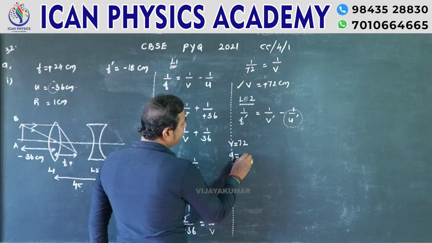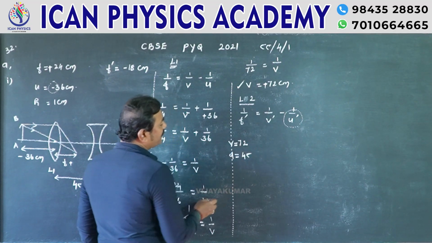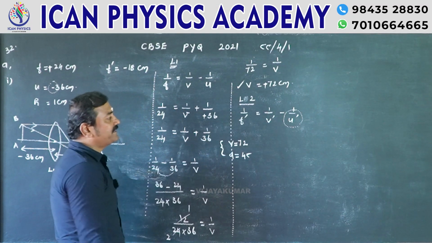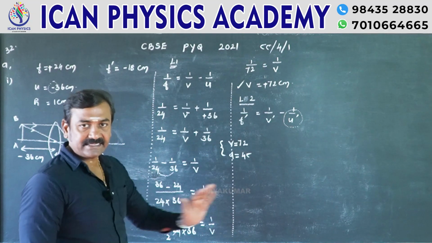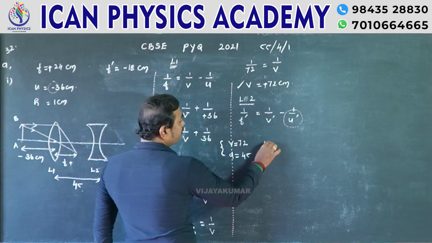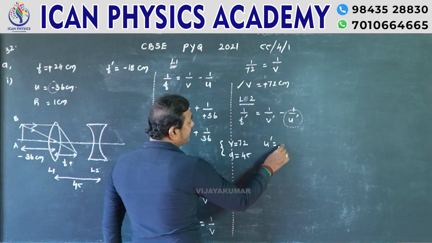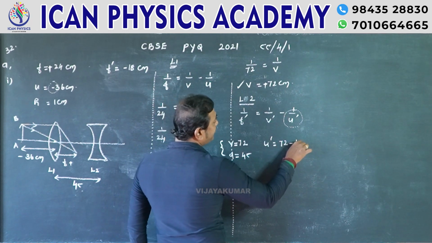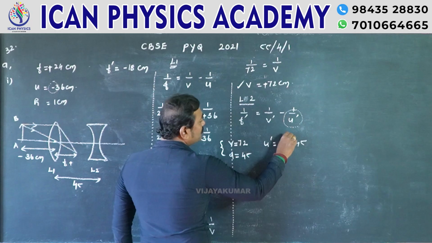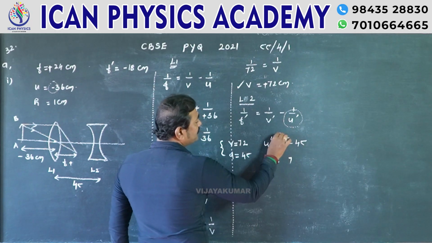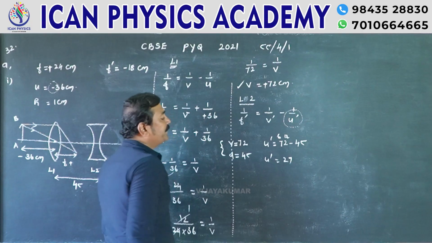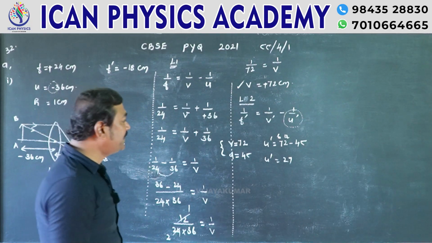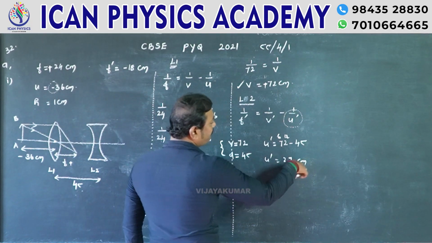When we subtract the value, we can get the object distance for the second lens. So object distance u dash equals 72 minus 45, which is 27. So u dash is 27 centimeter.